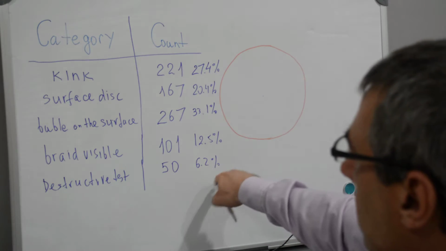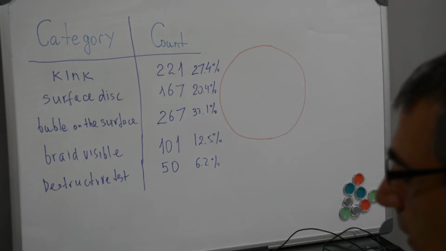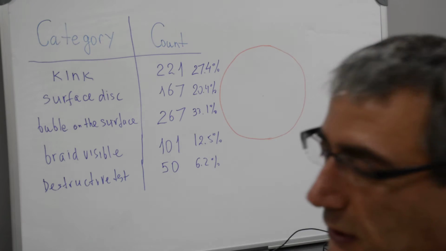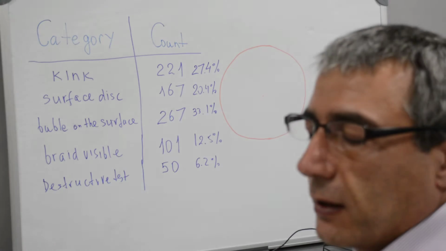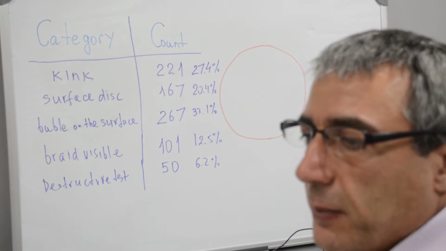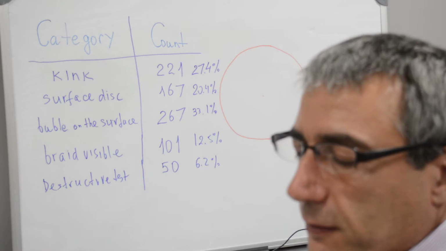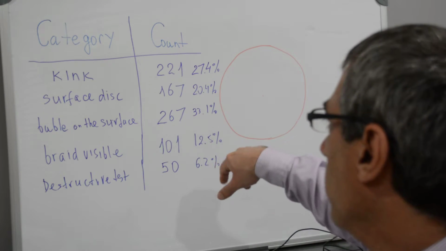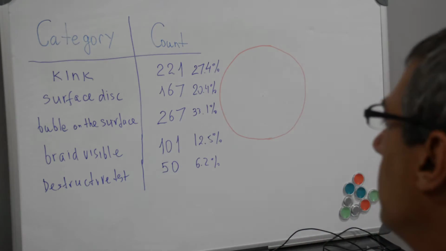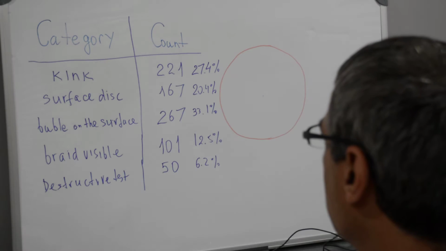So we cannot do anything with reducing destructive testing because it's necessary for assuring that our process remains strong and good. But we could certainly do a better job on reducing other reject categories.